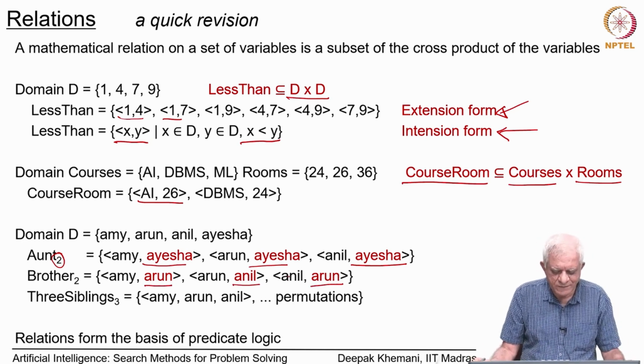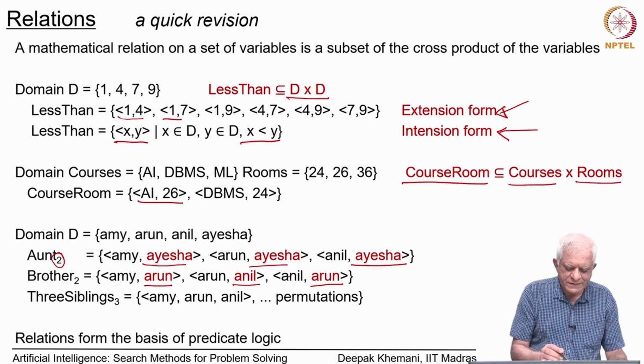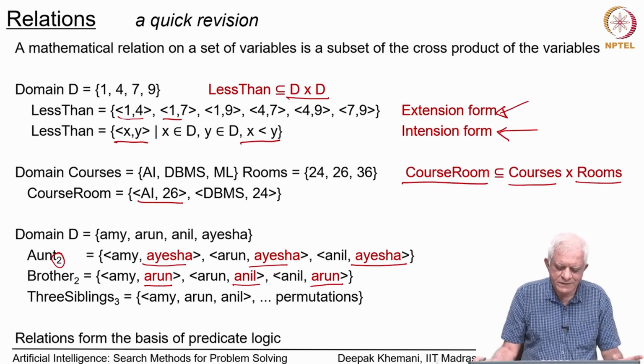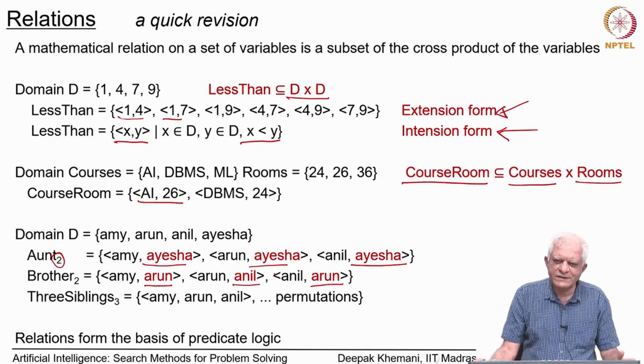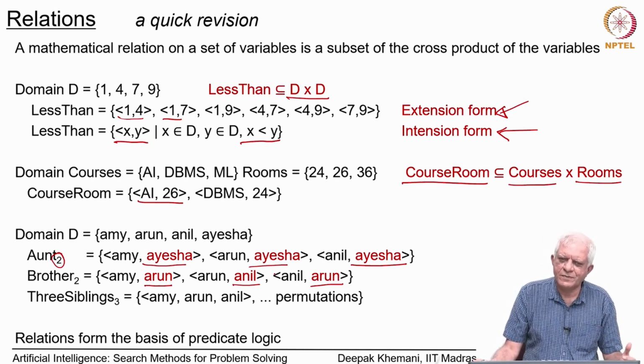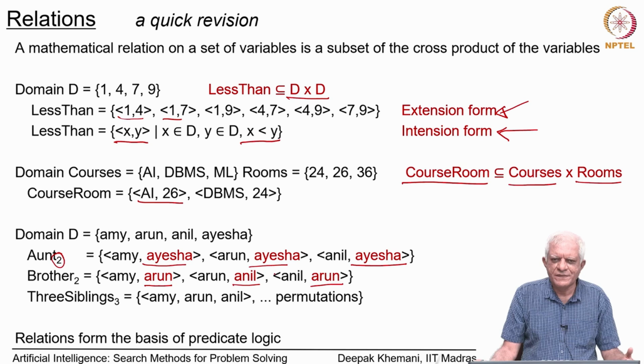We are talking about a small family here, but you will notice that we had to do this explicitly. We had to say that Arun is the brother of Anil and Anil is the brother of Arun essentially. If we had not done this, then we would have had to specify additional properties on relations, for example, that it is symmetric and so on and so forth.